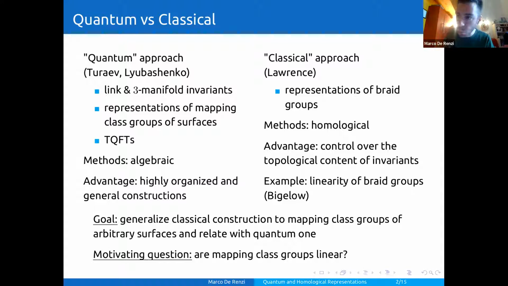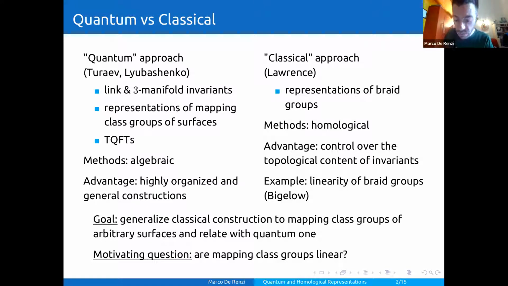For these algebraic structures, we have a fully developed theory of their own, and in particular, a lot of concrete examples. For each concrete example, we have the associated three-manifold invariant and mapping class group representations, and even TQFTs. So this is all very general and flexible.